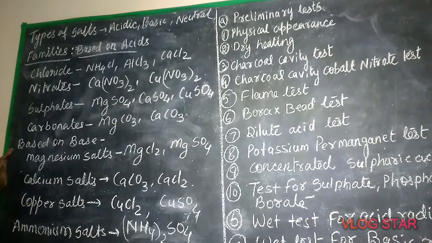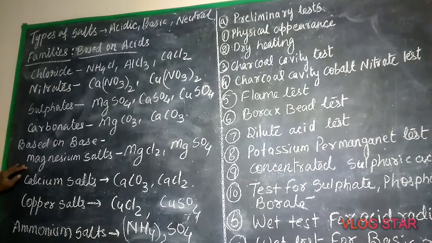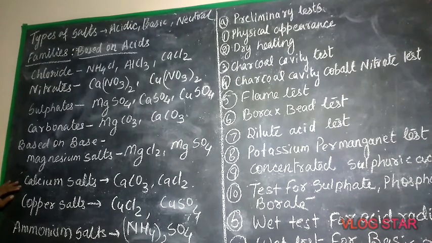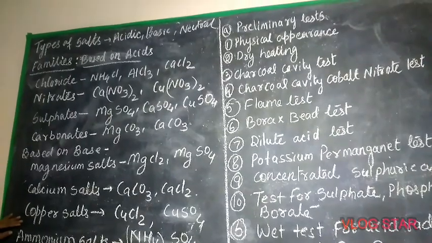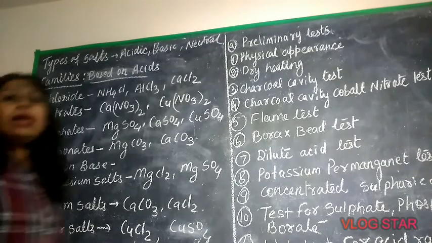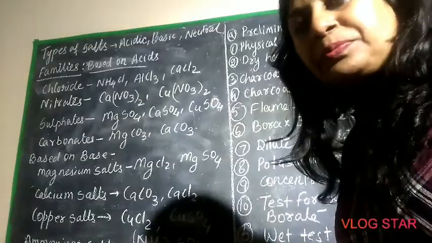Based on the base, we have magnesium salts like magnesium chloride, magnesium sulfate; calcium salts like calcium chloride, calcium carbonate; copper salts like copper chloride, copper sulfate; and ammonium salts like ammonium sulfate.